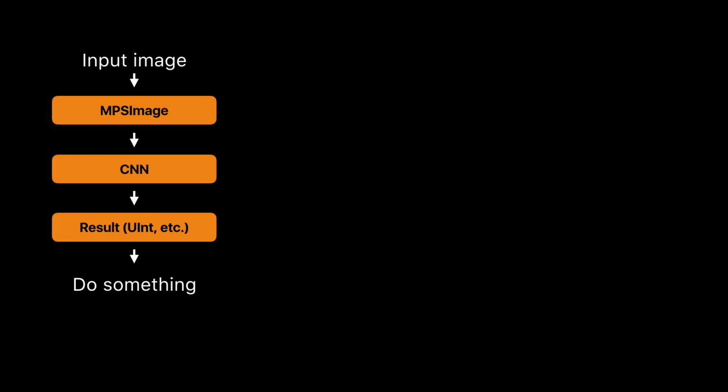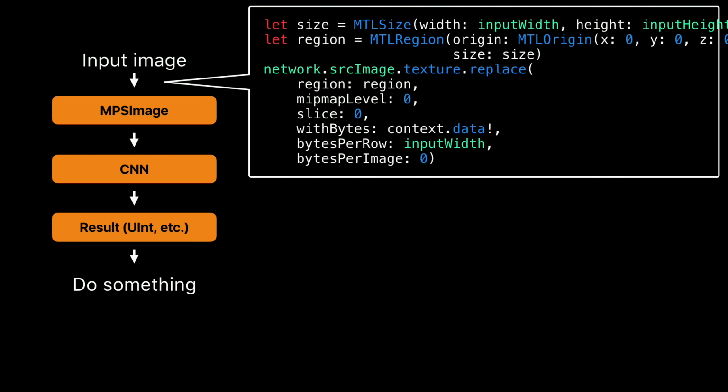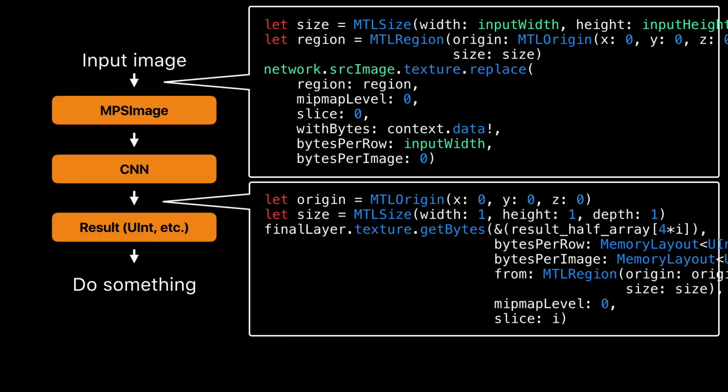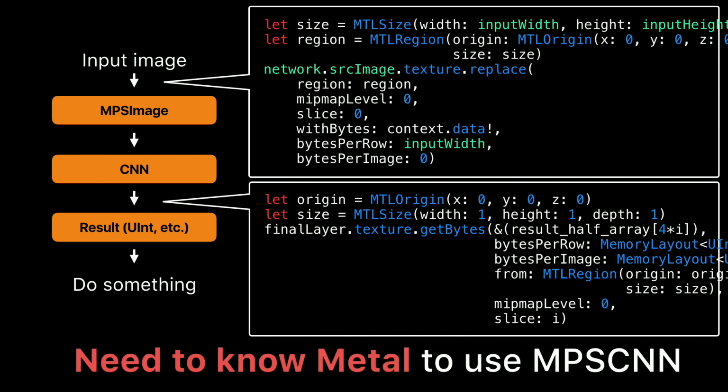In MPS, there is another difficulty. When inputting an image to the CNN or getting the result of the inference from the CNN, we need to handle them with Metal. If you are familiar with Metal, it will not be a difficulty.